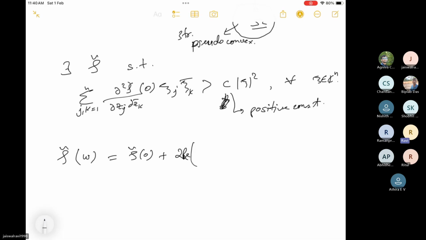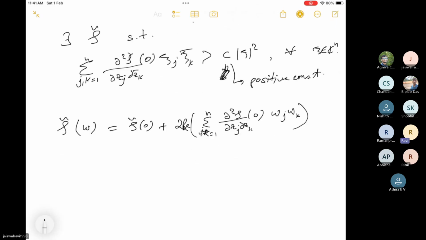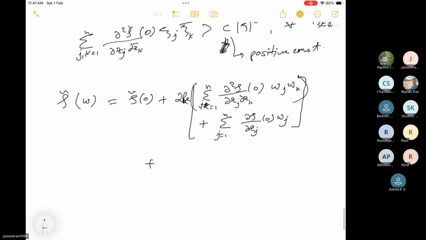So this is 2 times the real part of the sum over j,k from 1 to n of del square rho by del zj del zk at 0 wj wk, and there is a first order term, the sum over j from 1 to n of del rho by del zj at 0 wj, plus the Levi form, the sum of del square rho by del zj del zk bar at 0 wj wk bar, plus little o of mod W square.